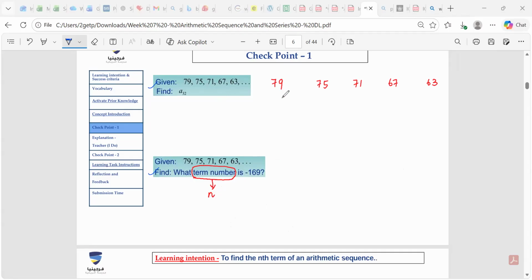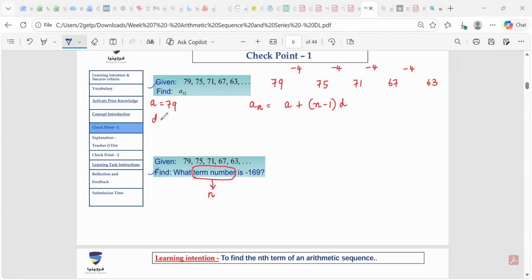So let's identify the values we have to substitute in the equation. The nth term is equal to a plus n minus 1 times d. We know that the first term a is 79. Now the common difference: 79 minus 4 is 75, 75 minus 4 is 71, 71 minus 4 is 67, and 67 minus 4 is 63.